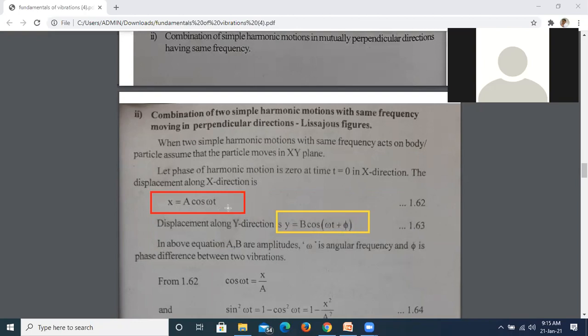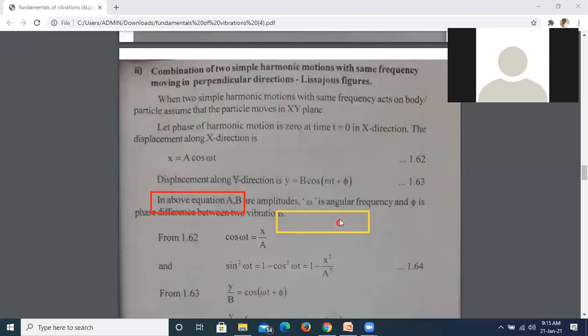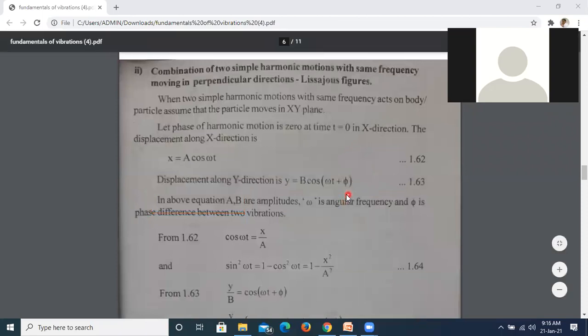So x is equal to A cos omega t is the simple harmonic motion along the x axis, and the simple harmonic motion acting along the y axis is represented by y is equal to B cos(omega t plus phi). In this expression, B is the amplitude, omega is the angular frequency, and phi is the initial phase or phase constant.